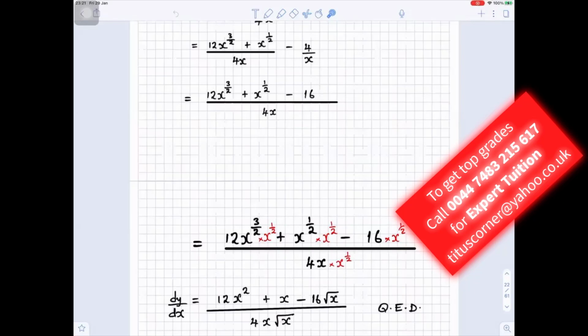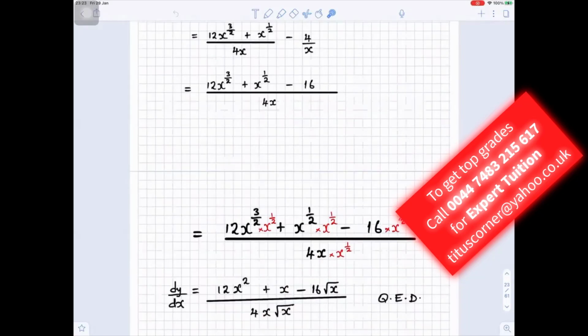So what we're going to do is, when we multiply x to the half times x to the half, half plus half gives you 1. 16 times x to the half, we can just write as 16 times square root of x. And 4x times x to the half will give you 4x to the 3 over 2, or you can just write 4x and then x to the half.